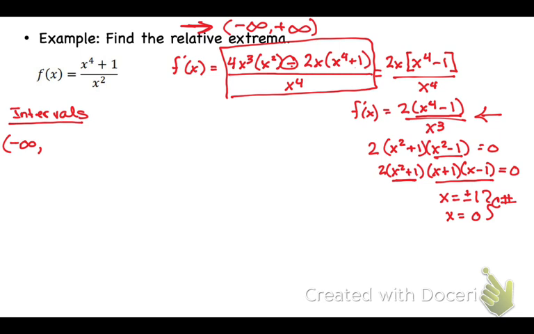To -1. We're going straight across the number line. So -1, leave yourself a gap, because you're going to have relative min and max, right? -1 to what? 0. 0 to what? 1. 1 to positive infinity.